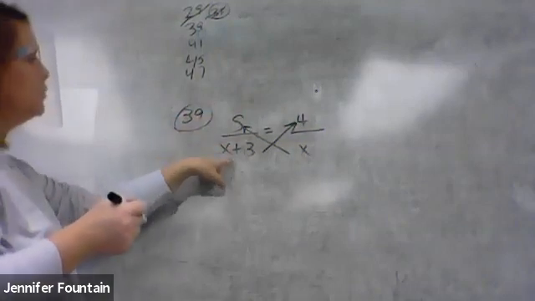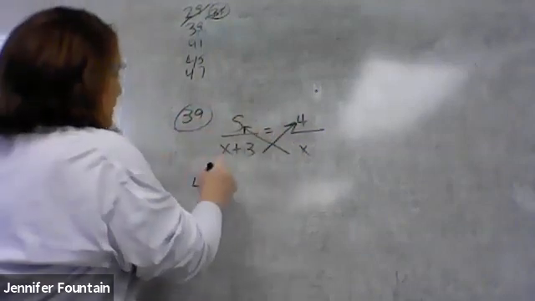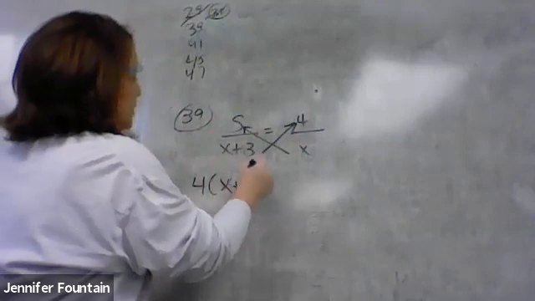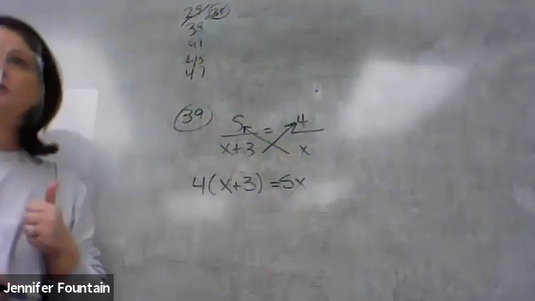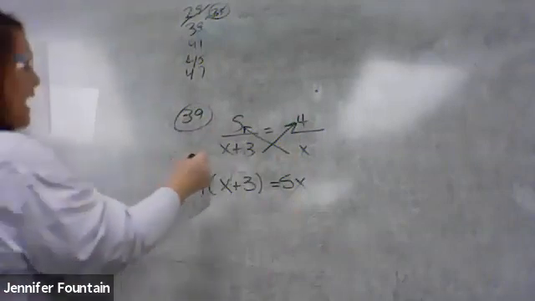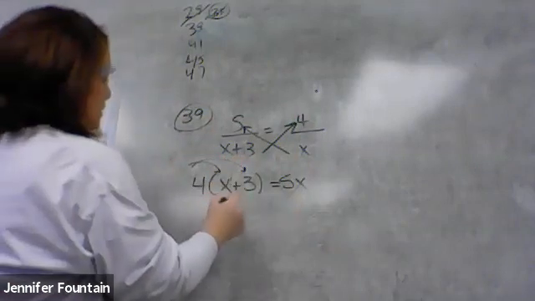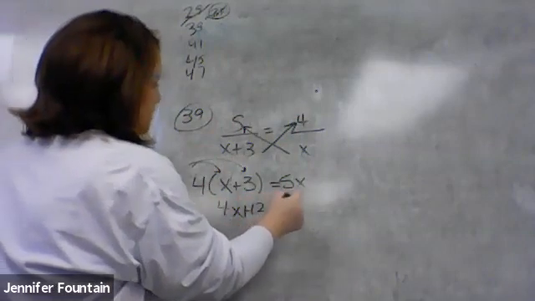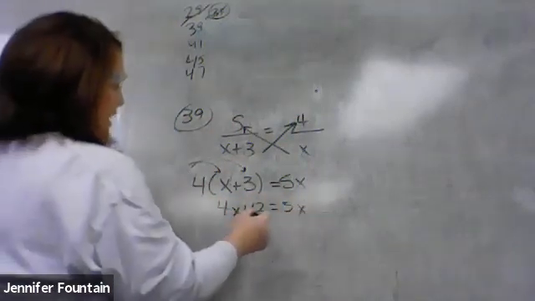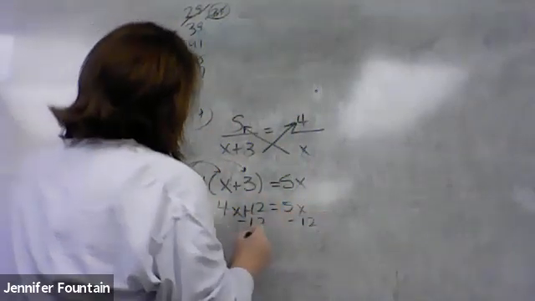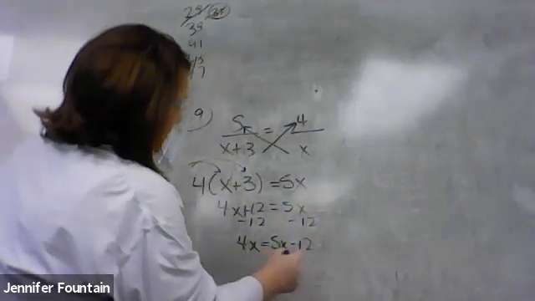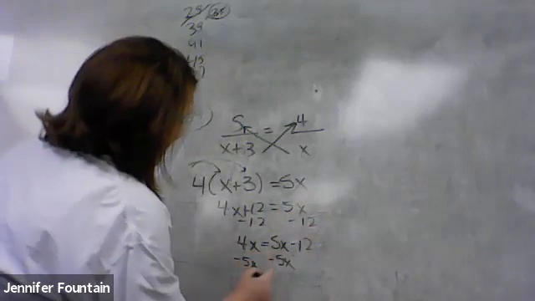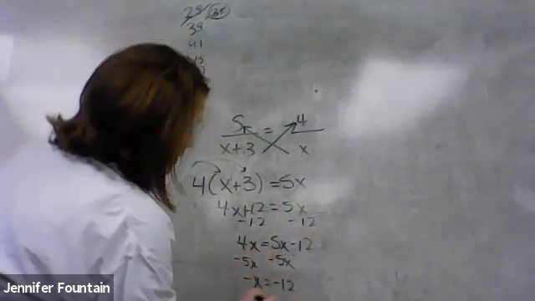So what is x plus 3 times 4? That means I'm going to have 4 times x plus 3 equals 5 times x. Okay, so now distribute: 4x plus 12 equals 5x. Subtract 12, subtract 12: 4x equals 5x minus 12. Subtract 5x, subtract 5x: negative x is equal to negative 12. So what does x equal?